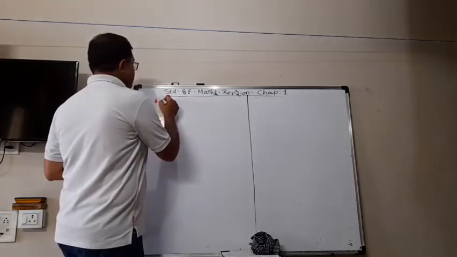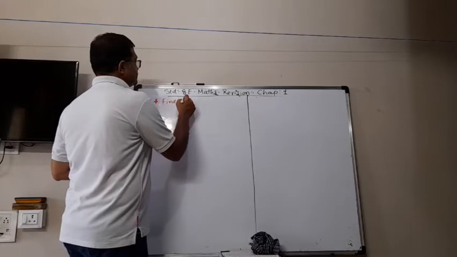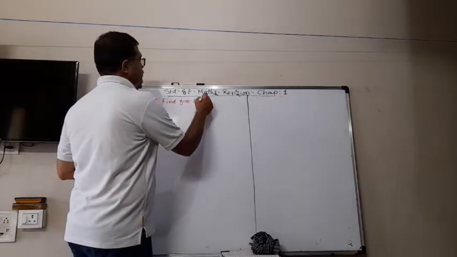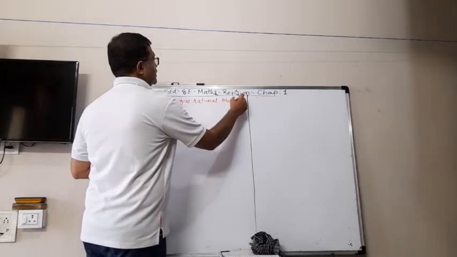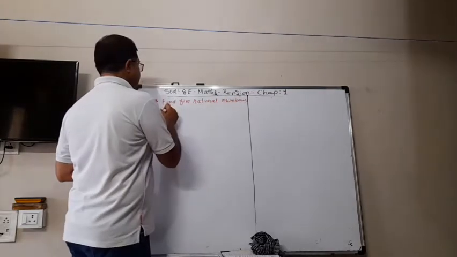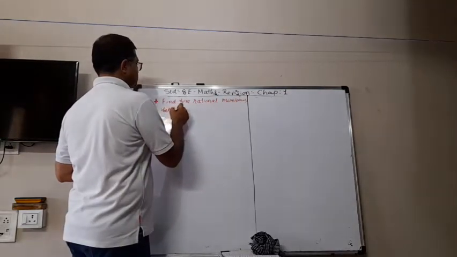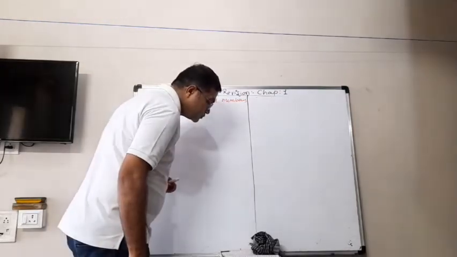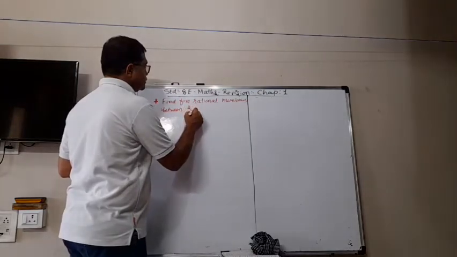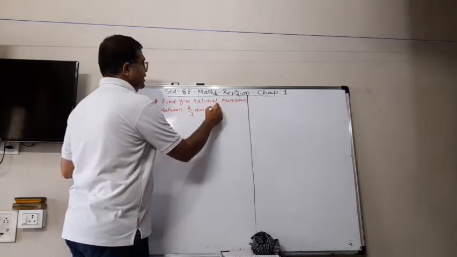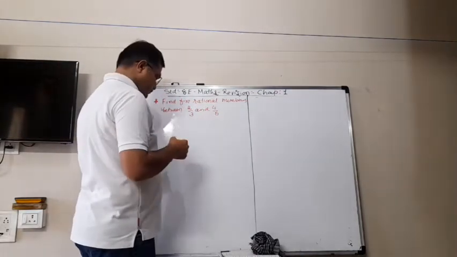Find 5 rational numbers between 2 by 3 and 4 by 5.